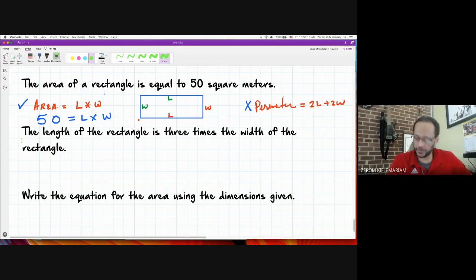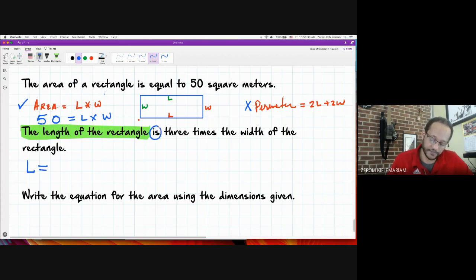Oh, okay, good, but let's stick with the original variables that are given. So if the length is right over here, the length of the rectangle is what? So we're talking about if L is, because they told us. And what do we know?